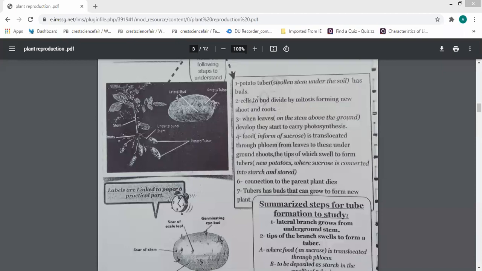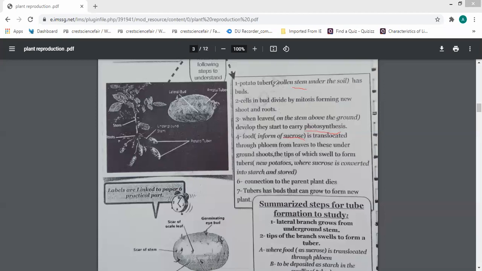You can summarize this reproduction by tuber like this. First, the formation of the tuber, a swollen part of the stem. The leaves perform the photosynthesis process, so it forms glucose or sucrose, and the formation of protein and lipids.